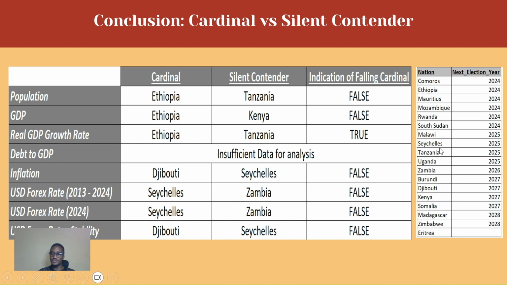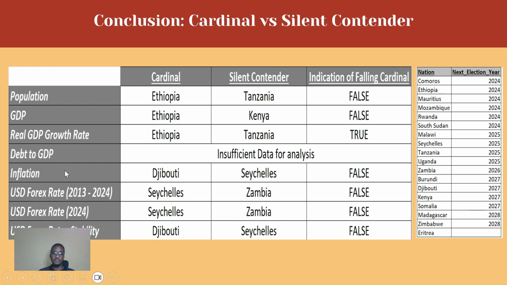And if we look at this, we can see Tanzania has the next election next year, and Ethiopia has a current election this year. So we'll see whether the elections in Ethiopia have an impact on the economy, and then also with TZ if that will also influence them. So in the next 1 to 2 years, this can be something to observe.